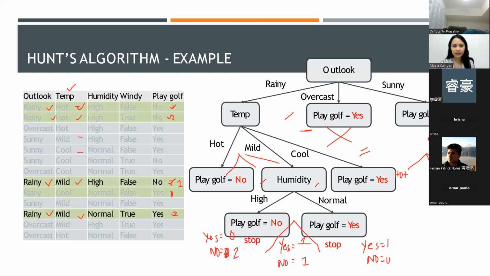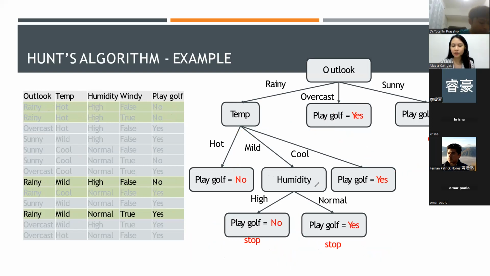So next, how about for humidity? If we can still recall from the previous slide, we don't need to branch out this one. We also don't need to branch out this one because we have zero yes here, and then we have zero no's here.